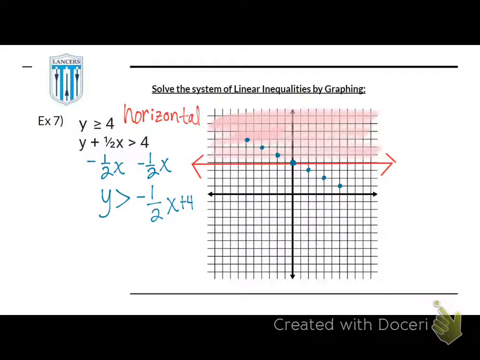There is no equal to bar. So we put in a dashed line, and we are going to shade above that dashed line because we had a greater than symbol. Remember, I'm only paying attention to my second line when I do that. I kind of ignore my first line, but I don't want to shade too dark because I want to be able to see it still.